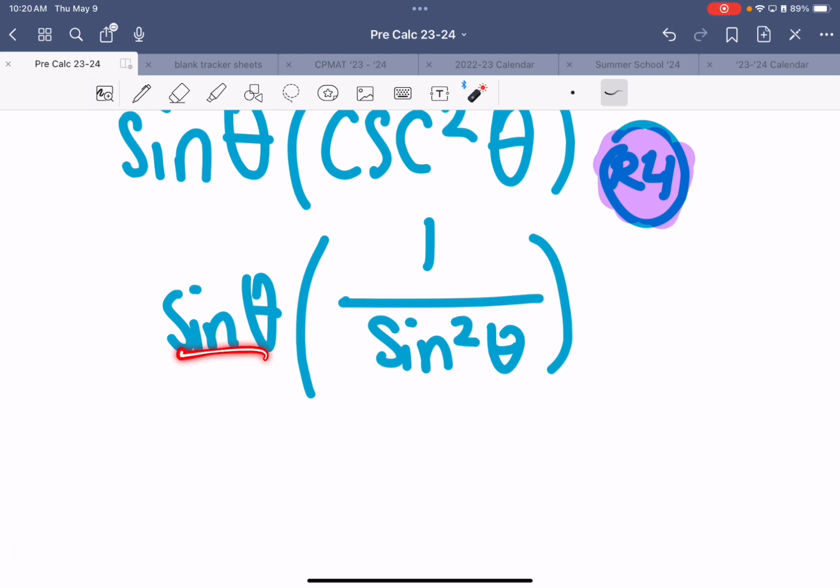So if this is in the numerator and these are in the denominator, can I cancel anything out? Good. I have 1 on top and 2 on the bottom, so I can cancel 1 from each, and I'll be left over with 1 on the bottom. So I'm going to cancel this one, and I'm just going to cross out the squared there because I still have a sine in the bottom. Now that will leave me with 1 times 1 over sine, which would just be 1 over sine.